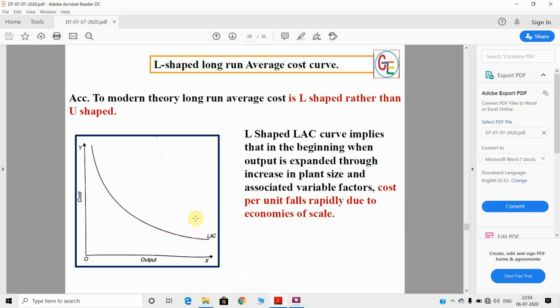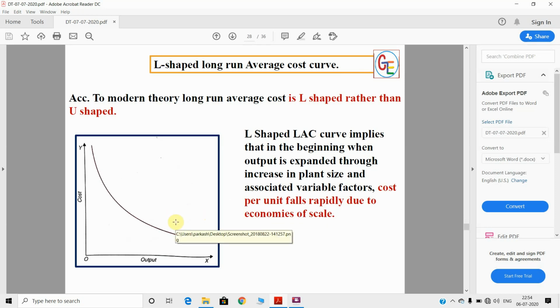Next, according to the modern theory, we can conclude that the LAC curve is L-shaped. L-shaped LAC curve implies that in the beginning, when output is expanded through the increase in plant size and associated variable cost, the cost per unit falls rapidly due to the economies of scale.